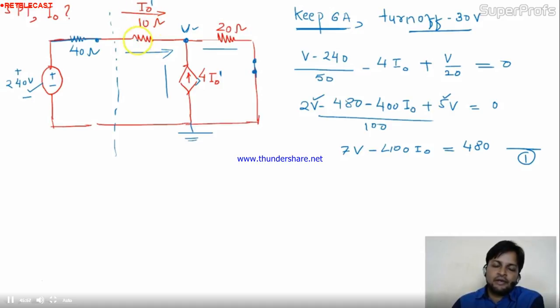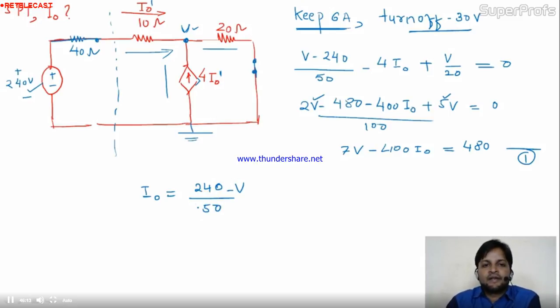See, we have the value of I naught in this 10 ohm resistance. So what is actually I naught? This I naught is nothing but 240 minus V divided by 50. Is it okay? See, this is the current flowing from 240 to V. So voltage difference is 240 minus V divided by resistance 50.